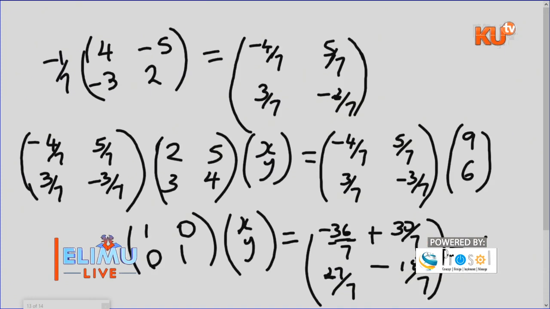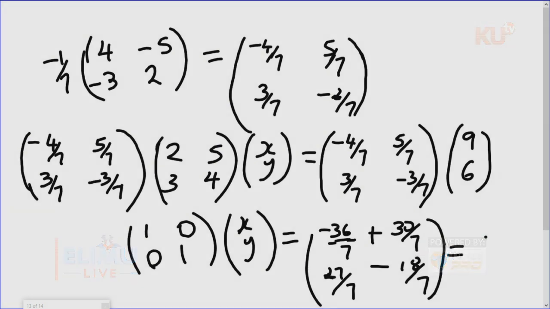Again, we have 27 over 7 minus 18 over 7. That will give us 27 minus 18, that will give us 9 over 7. Again, cross-check so that we have the right figure. 3 over 7 times 9, that is 27 over 7.